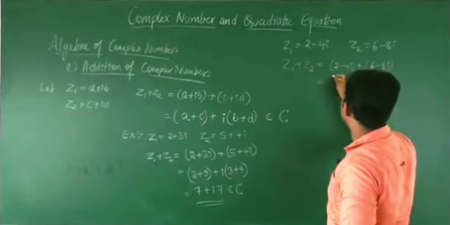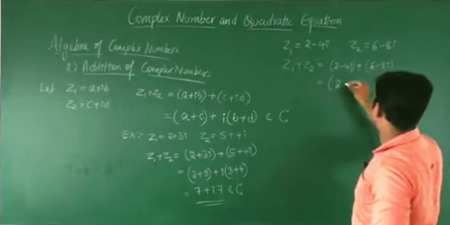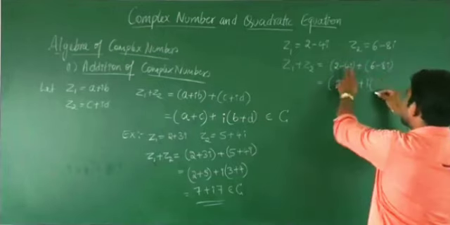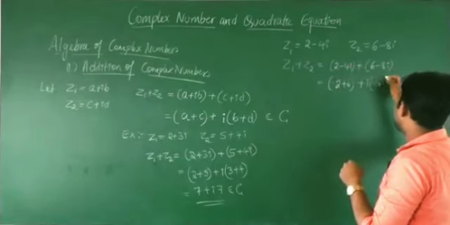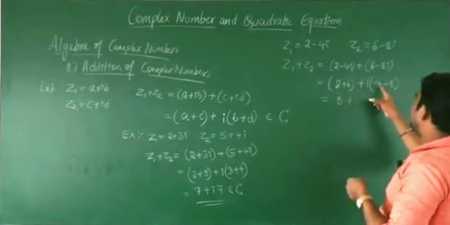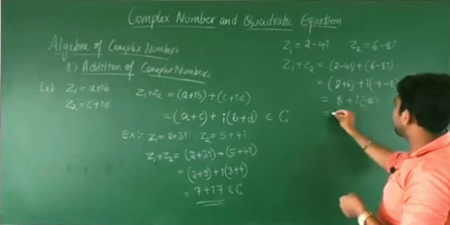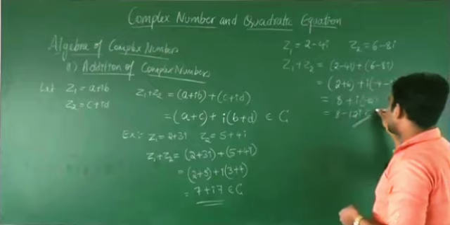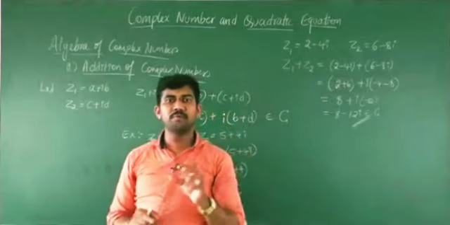What will we get here? 2 plus 6, the real parts, you have to add, plus i into the imaginary part. The coefficient of i is the imaginary part: minus 4, and here minus 8. So this is 8 plus minus 12 into i, or we can write this as 8 minus 12i. Clearly the result is a complex number, which means closure property holds.